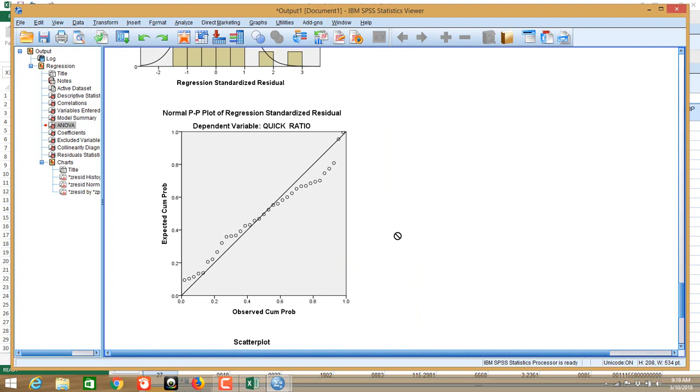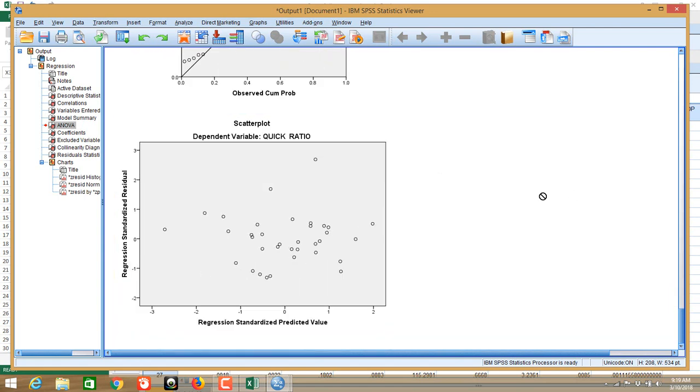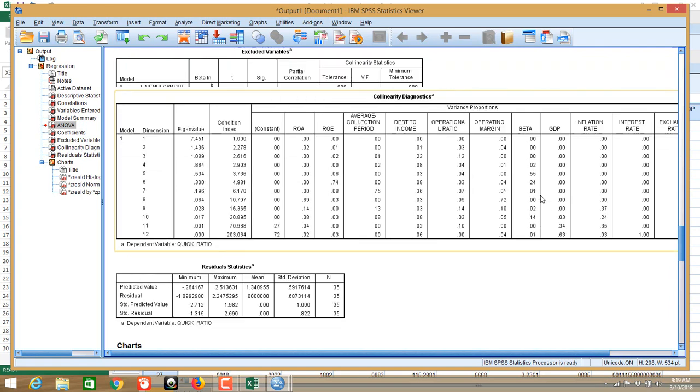Okay, that usually does not happen. Something near this line is good enough already, but if it is very far from this line, it means some problem with your data. Okay, this is homogeneity. I'm not going to talk much about that.